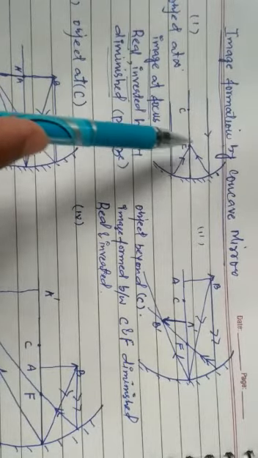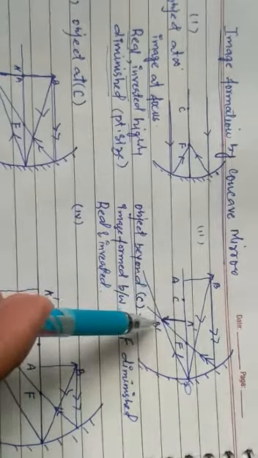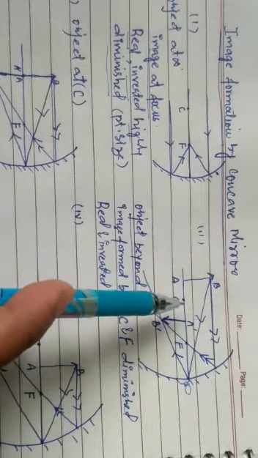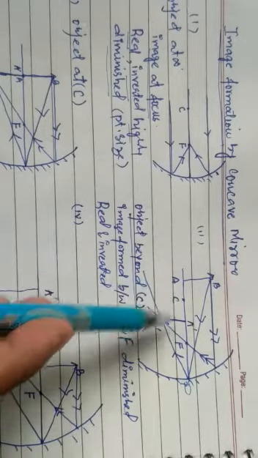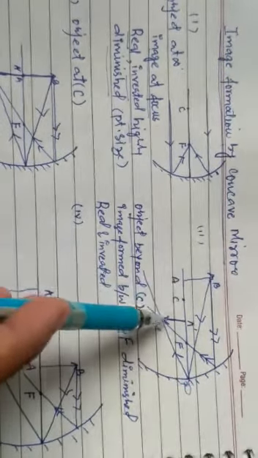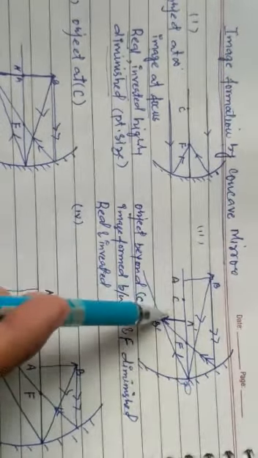So the image of point B is formed at this very point B dash. So the image is formed in between C and F, and it is smaller than the object. It is not equal to the object, but a bit diminished. So the image is formed between C and F, diminished, real, and inverted.